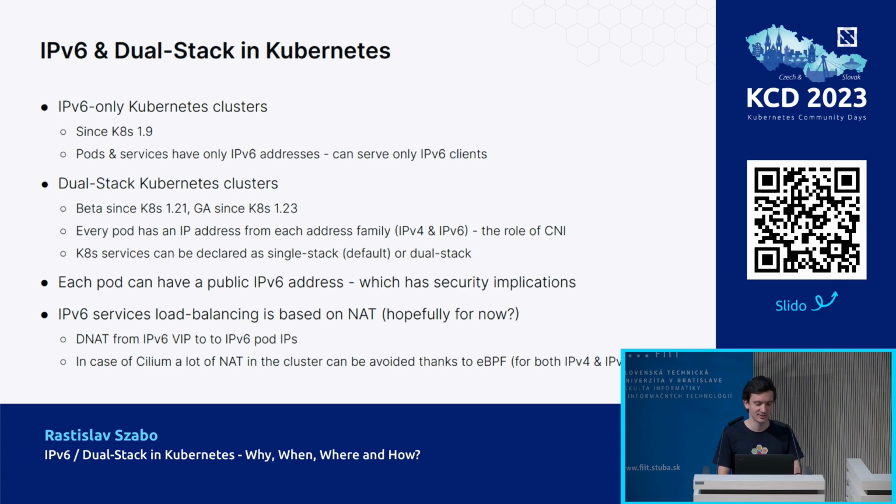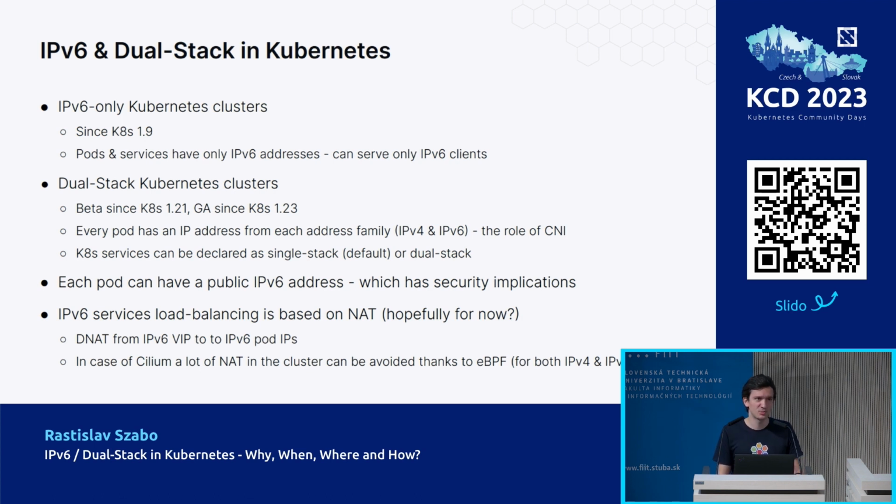DualStack Kubernetes is a feature which is generally available in Kubernetes since version 1.23. And if DualStack is enabled in your Kubernetes cluster, then every pod has an IP address from each address family, so both an IPv4 and an IPv6 address, which is actually the role of the CNI. And Kubernetes services can be declared either as single stack, which is the default, or dual stack. You'll see more detail in a second.